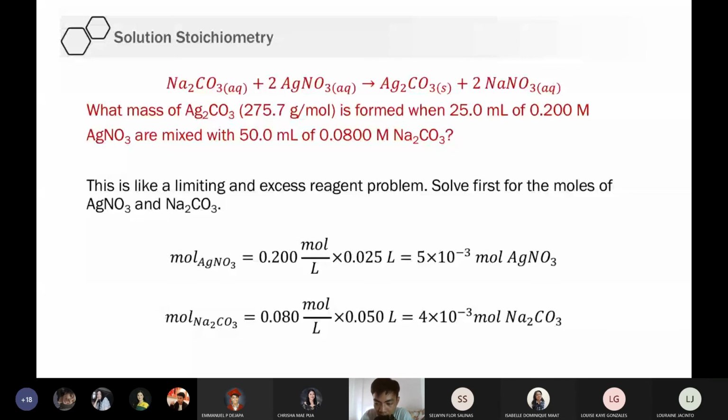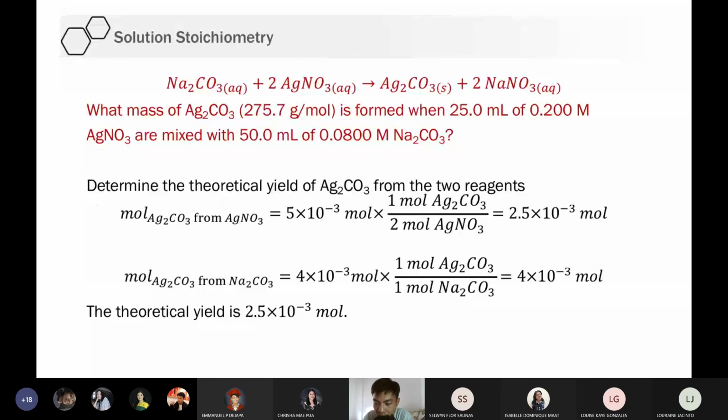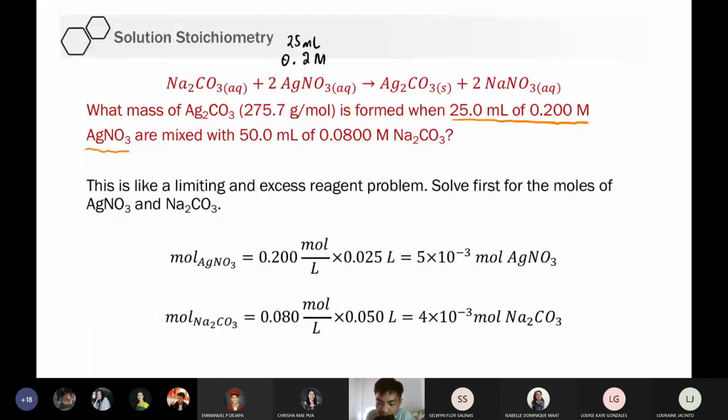Okay, so anong given substances? 25 ml of 0.2 molar silver nitrate are mixed with 50 ml of 0.08 molar sodium carbonate.